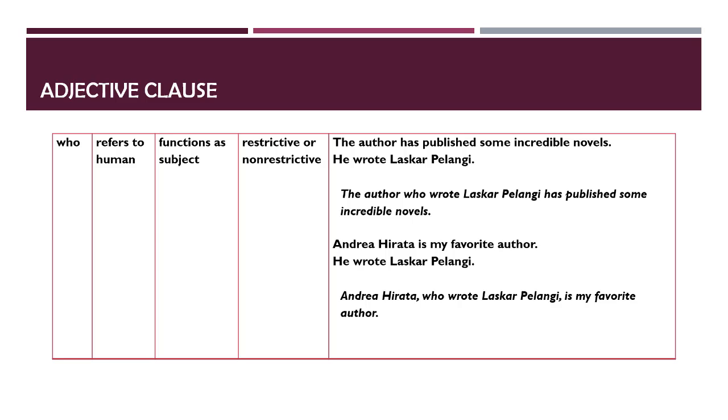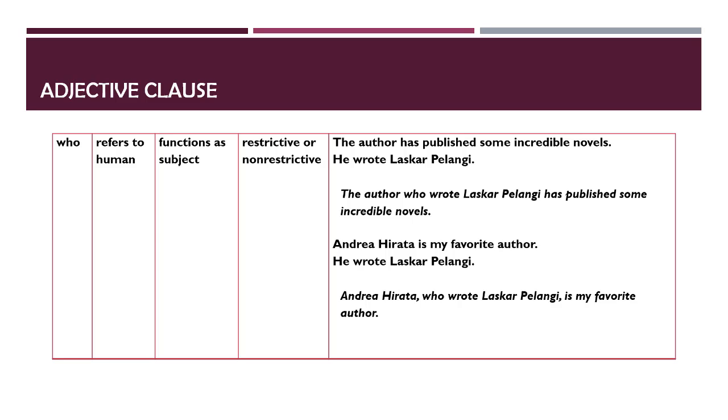Who in this sentence is used to combine the antecedent, the noun that is described by the adjective clause, and wrote Laskar Pelangi. So who in this case combines the author and he wrote Laskar Pelangi. The author who wrote Laskar Pelangi has published some incredible novels.